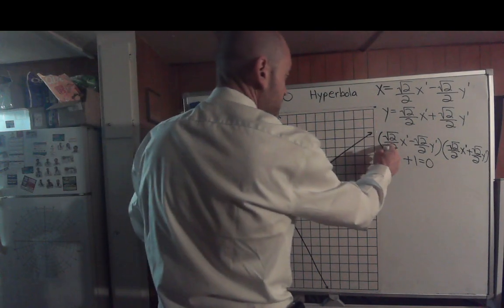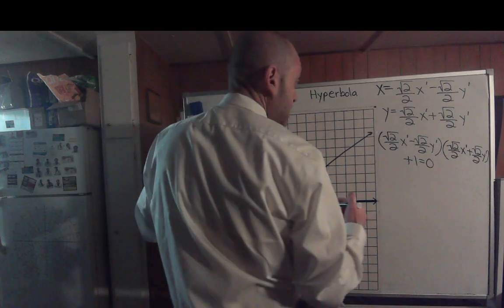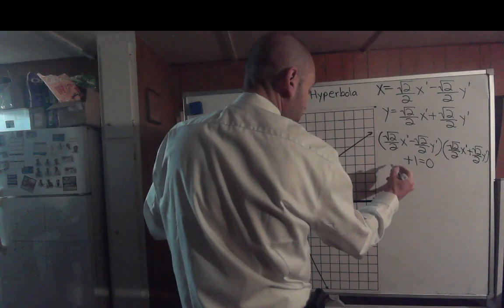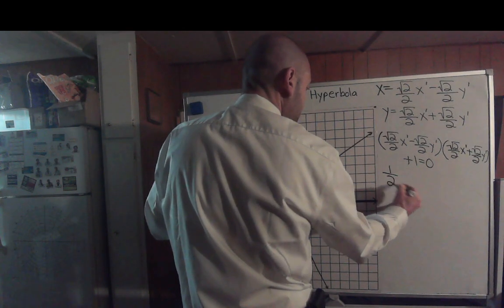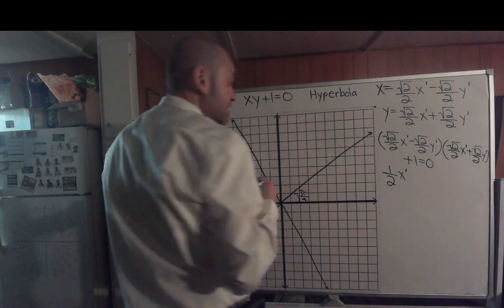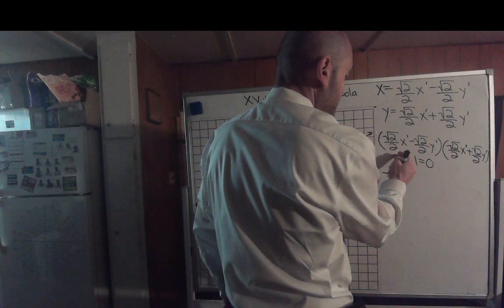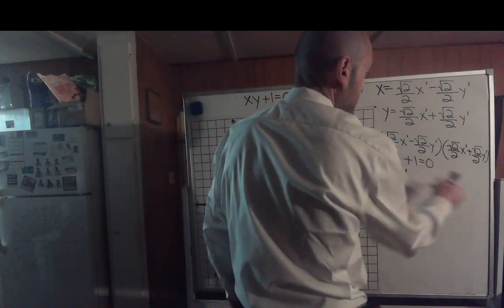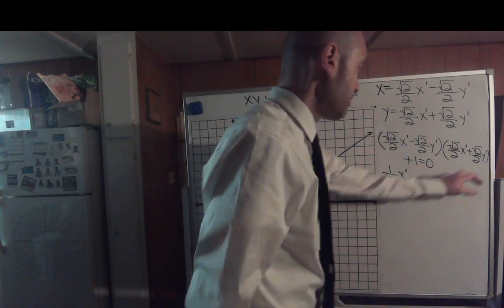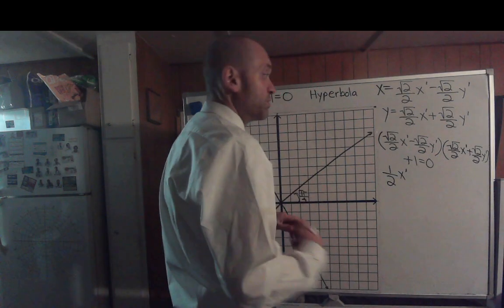So square root of 2 over 2 x prime times the same term in the next binomial, that would end up being 2 over 4, or simply 1/2 x prime squared. And then if you take the square root of 2 over 2 x prime times the square root of 2 over 2 y prime, and then you subtract the same thing from the next binomial, those middle terms will cancel out.